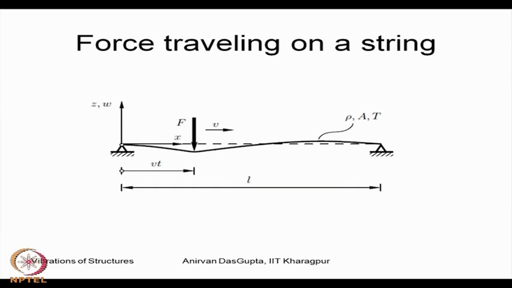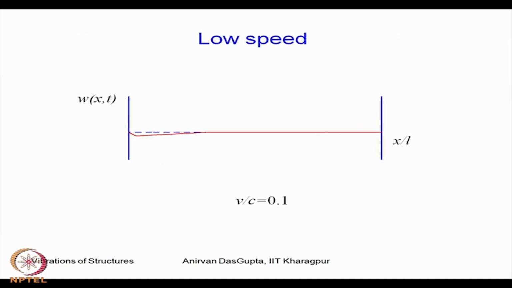Then in the forced vibration problem, if you recall, we looked at the string with a travelling force. There we observed a very strange kind of behavior, so let us look at it once again. This is the string on which a force is travelling at a speed v. Here I show you one of the solutions that we have discussed before.